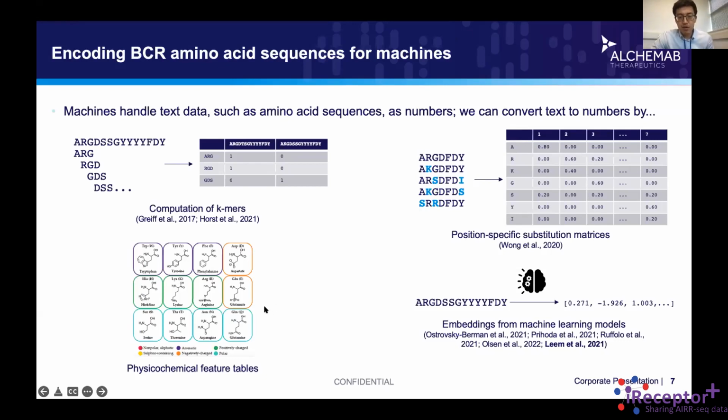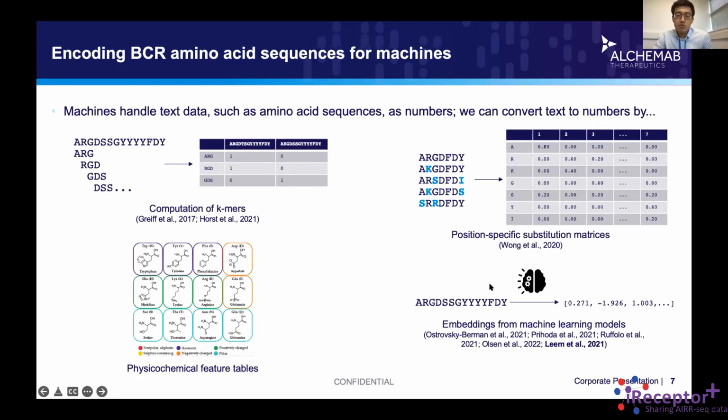The other is to look at physicochemical features. Tao's talk mentioned this already. You can think about how certain amino acids are polar or hydrophobic or whatever have you, and for each of those physicochemical properties, you have a set of numbers to represent your amino acid sequence. However, what our work focuses on is using machine learning to do this part as well.